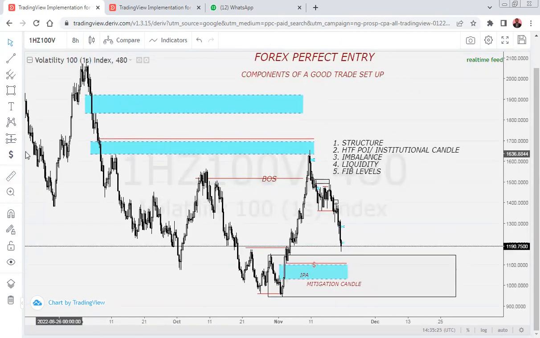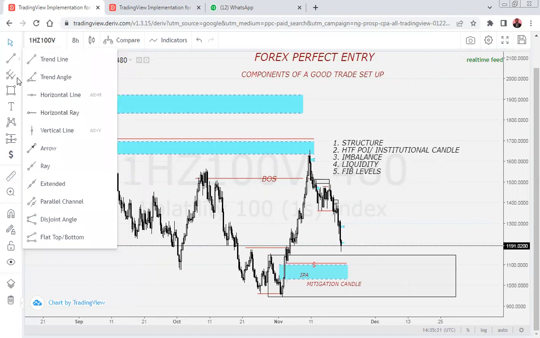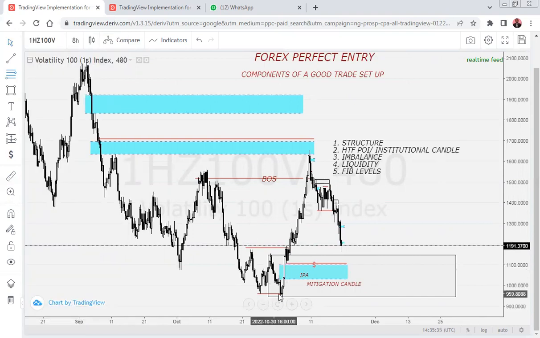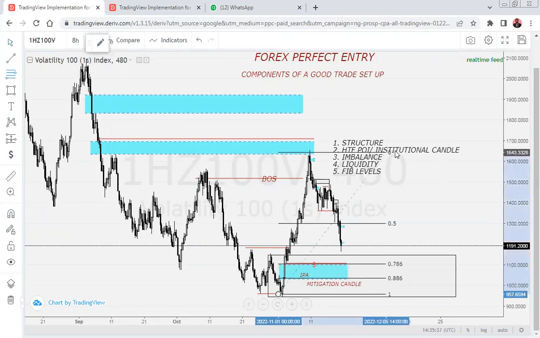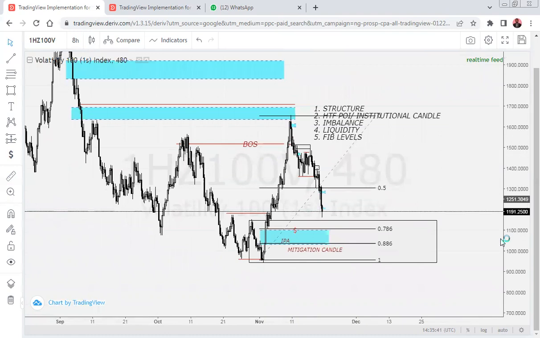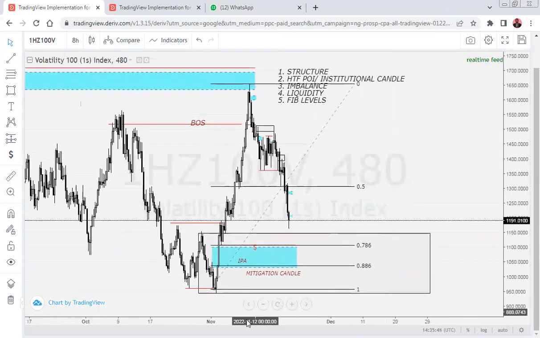So let's look at the fib level. What is going to be our fib level? Take the price from here to this place. You see that this price is at a discount zone.